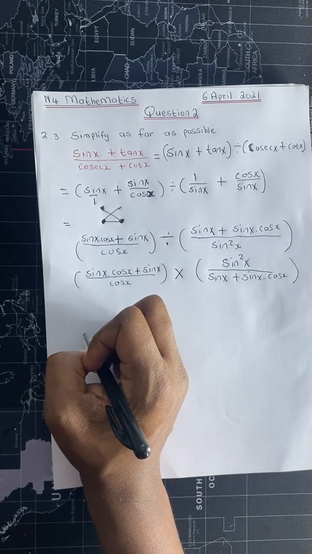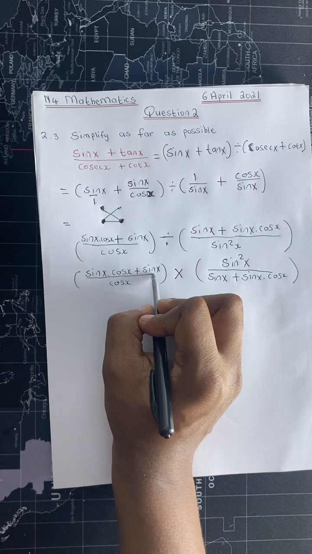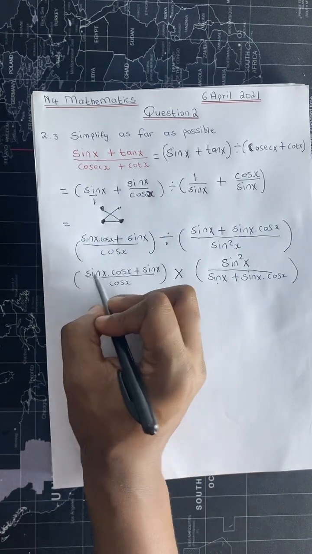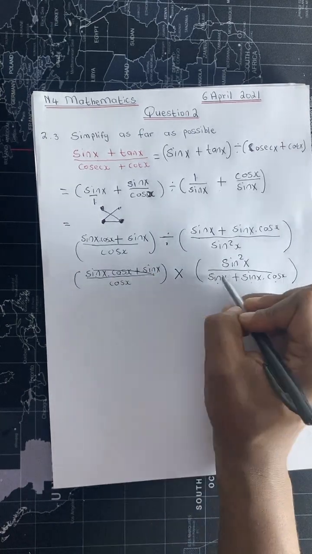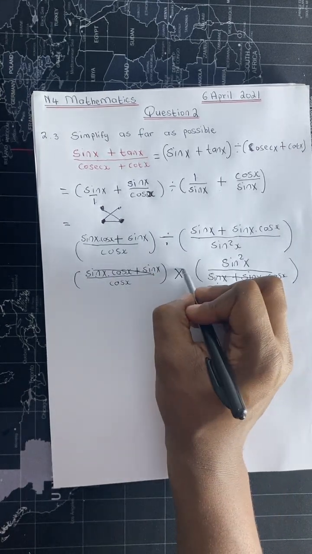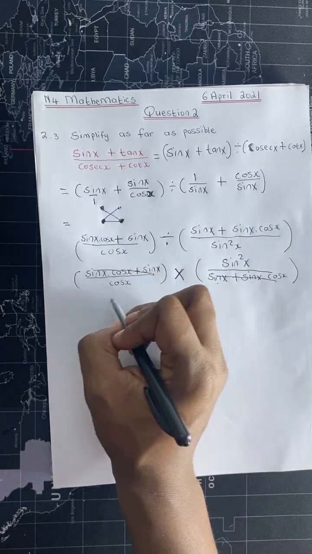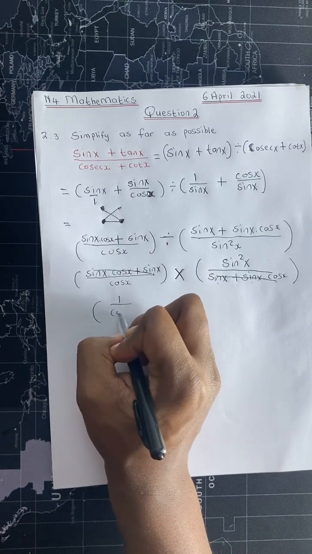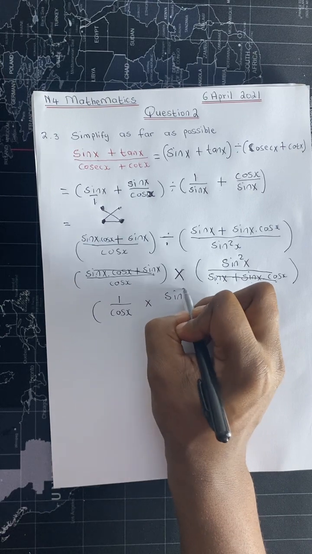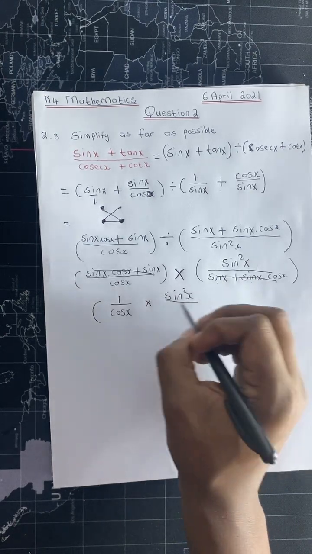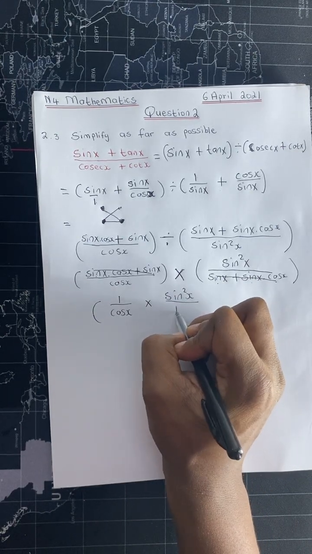So from here, we have sin x, and we also have sin x there. We have sin x cos x, and we also have sin x cos x there. So that part can cancel out with that part because there is a multiplication in the middle. So we'll have 1 over cos x multiplied by sin squared x divided by 1.